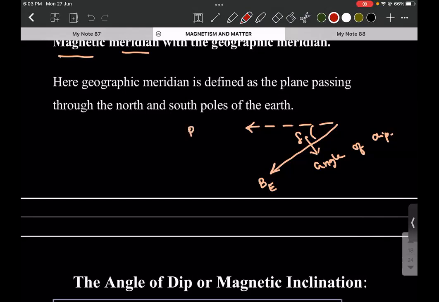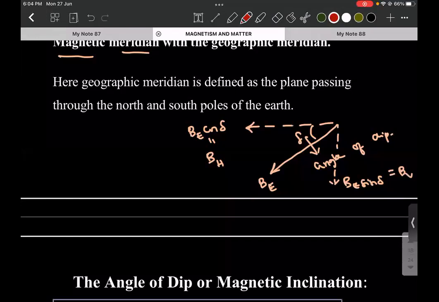I'll call this BE cos delta and this BE sin delta. This BE cos delta is what is called the horizontal component of Earth's magnetic field, and BE sin delta is called the vertical component of Earth's magnetic field.